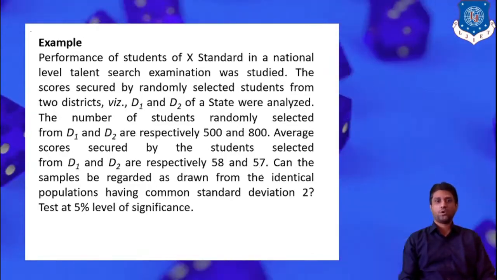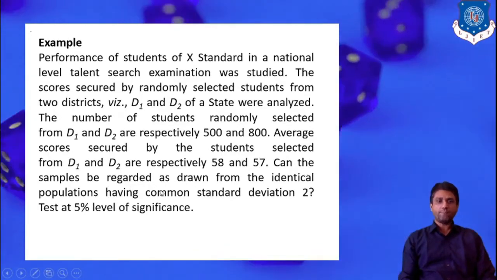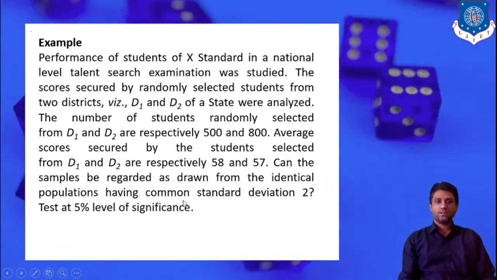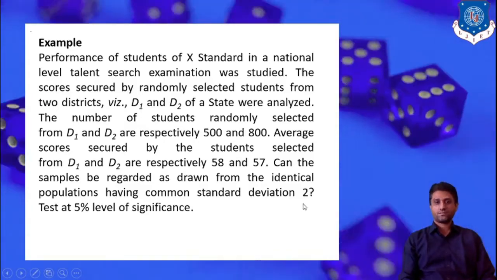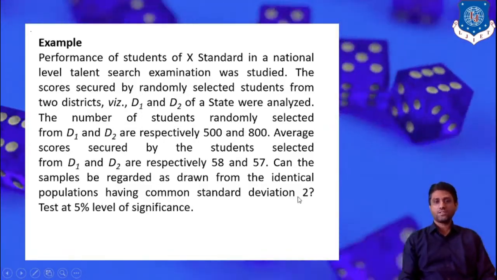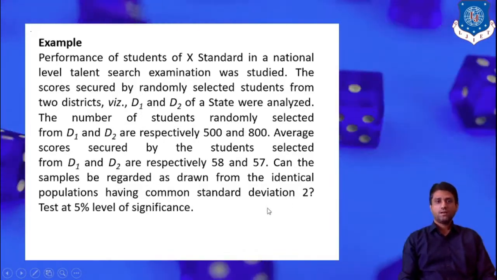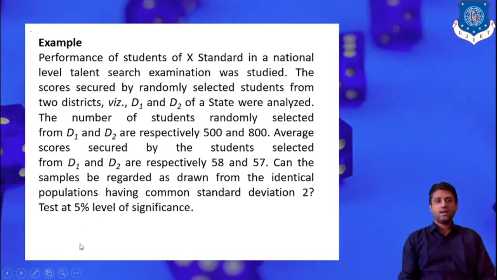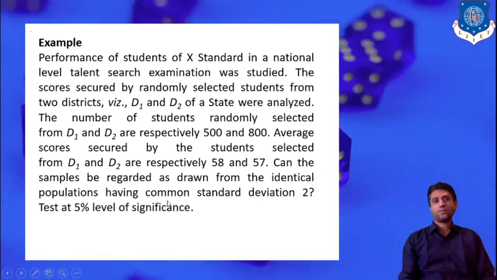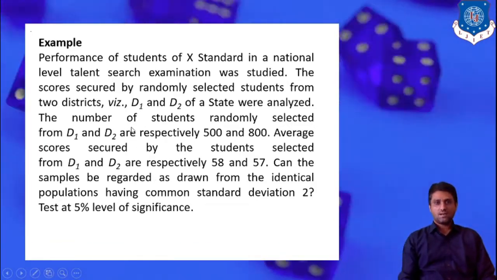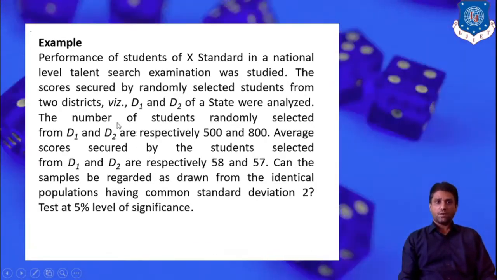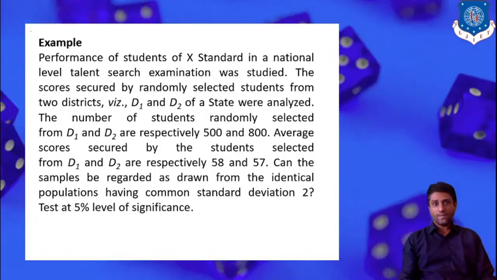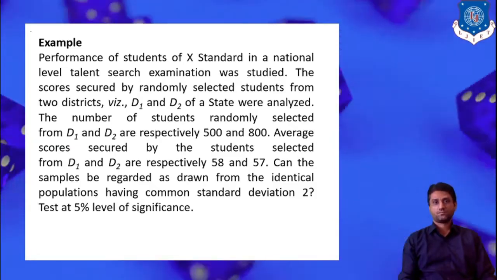Can the samples be regarded as drawn from identical populations having a common standard deviation? The standard deviation is also given, it is 2. Now we have to test the hypothesis at the 5% level of significance, whether the null hypothesis we predefine is rejected or not rejected.